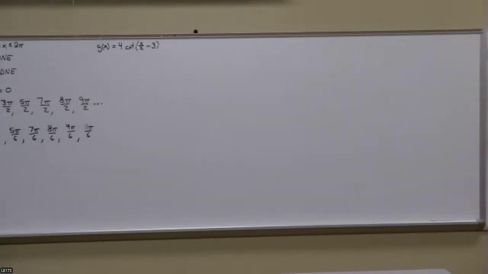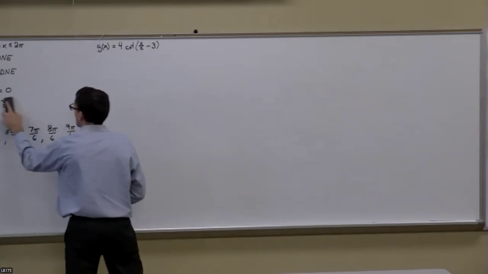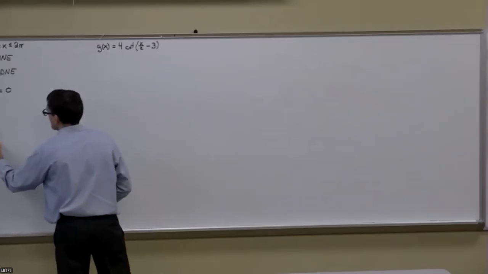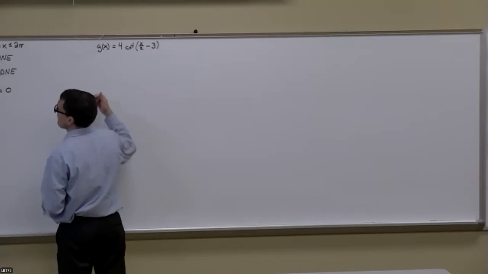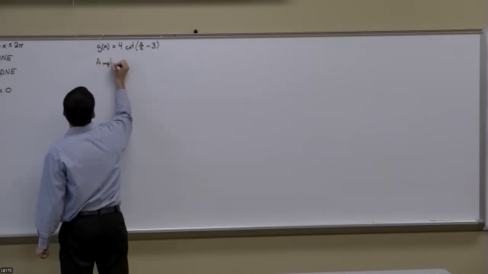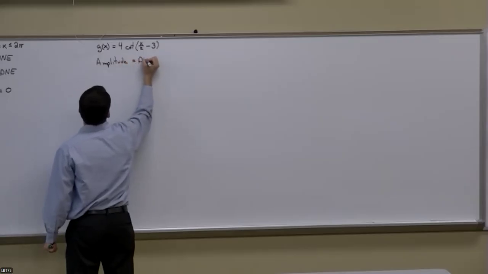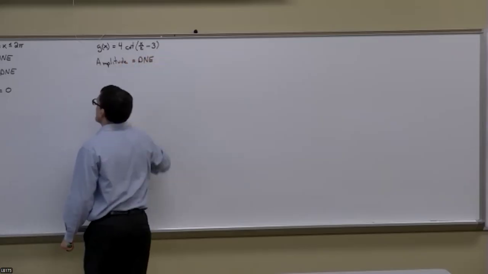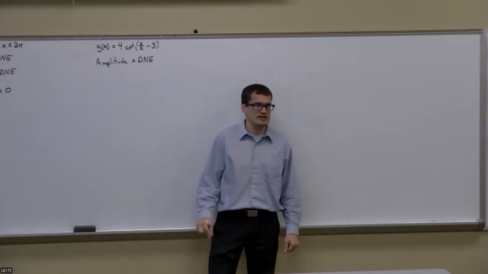Let's do another. Let's do the 4 cotangent x over 2 minus 3. We'll start out with the amplitude. Cotangent goes from negative infinity to positive infinity.